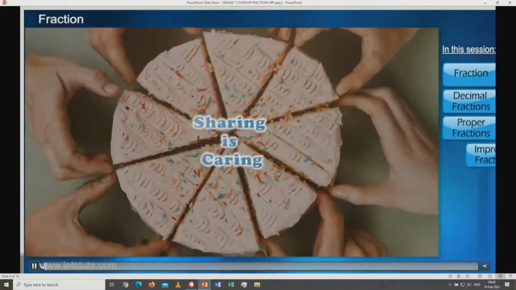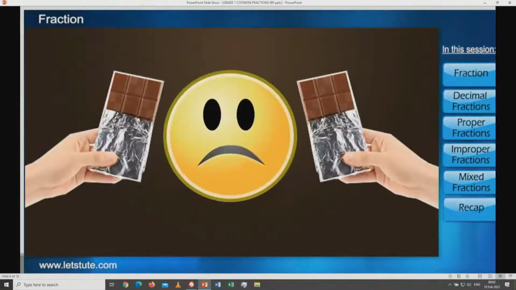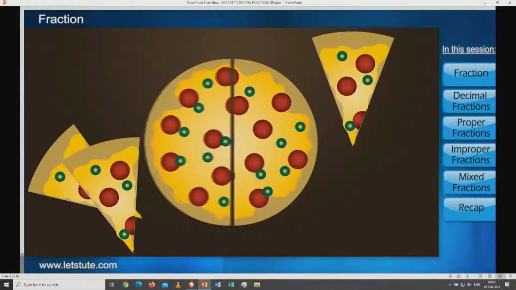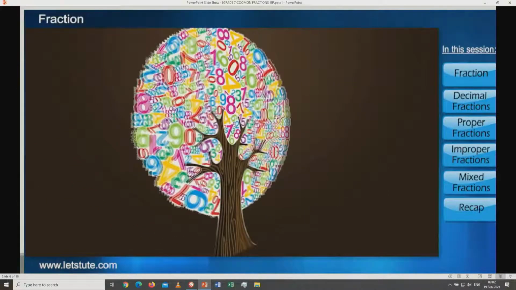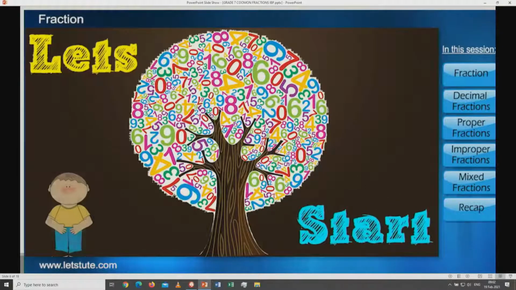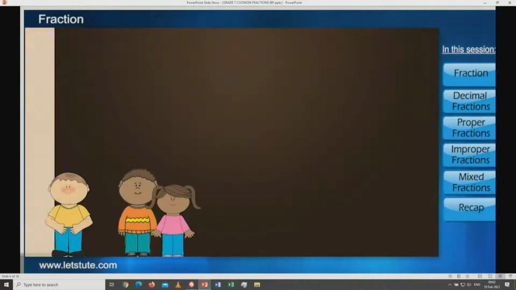Sharing is caring, but when it comes to chocolate, no one likes to share them, isn't it? When you share something or divide something, there is a lot of mathematics behind it. So, without wasting any time, let's start this session with you and some of your friends. You and your 2 friends went to Ben's house.